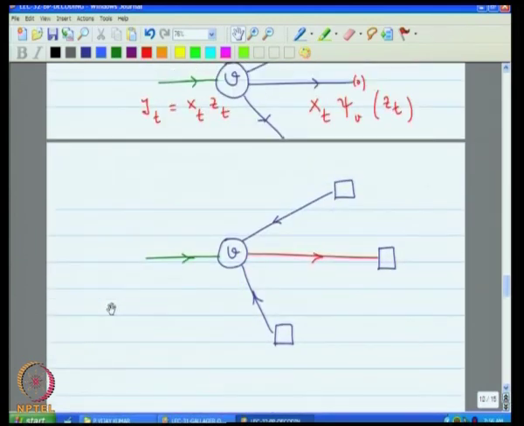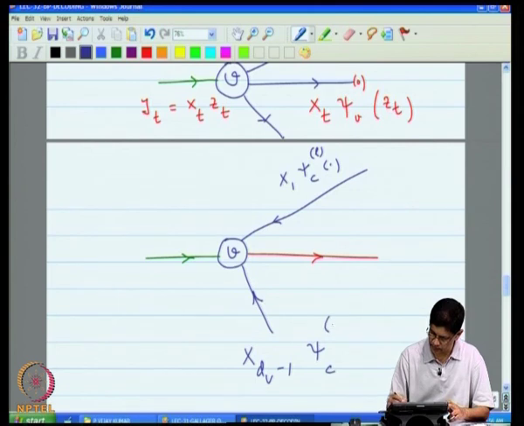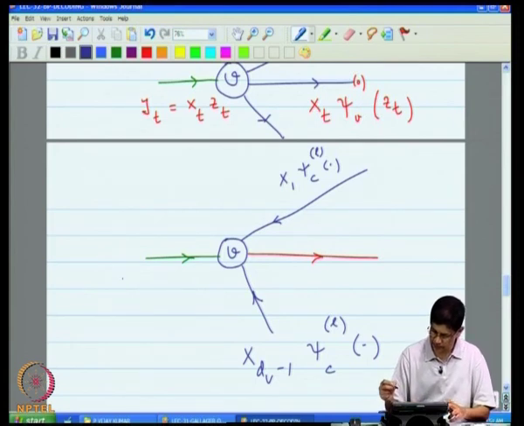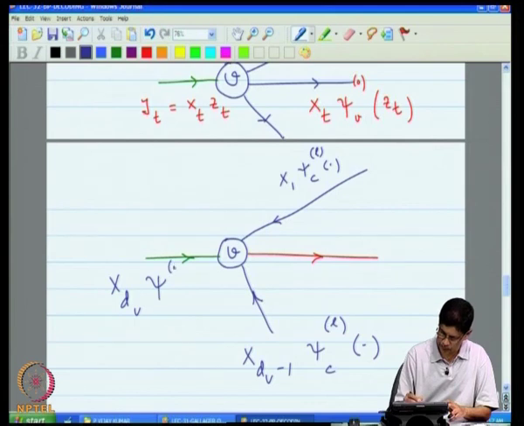And now when you come over here to the general case, when you are looking at what happens at a variable node, the incoming message here is x1 times psi_c_l of whatever it would have been. Here it is x_dv minus 1 times psi_c_l of whatever it would have been had xt equal to 1. This one here is x_dv times whatever the channel input message would be.